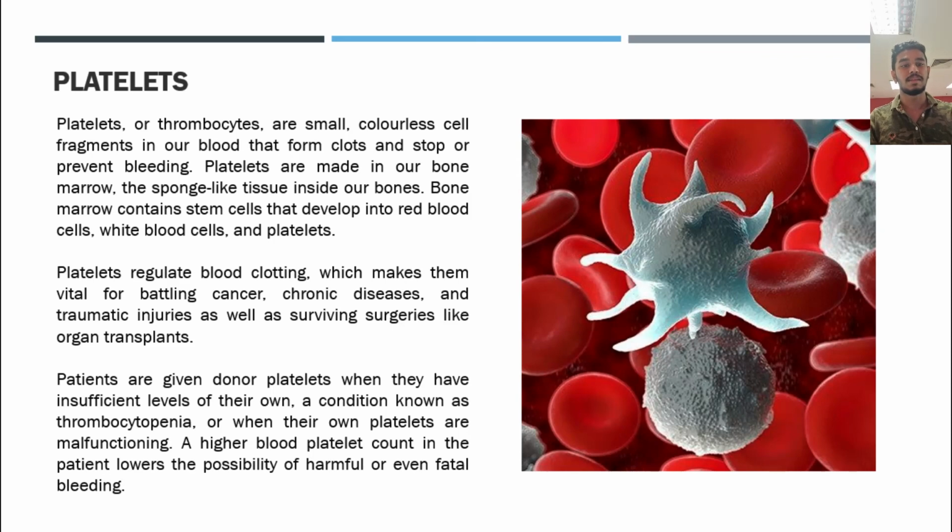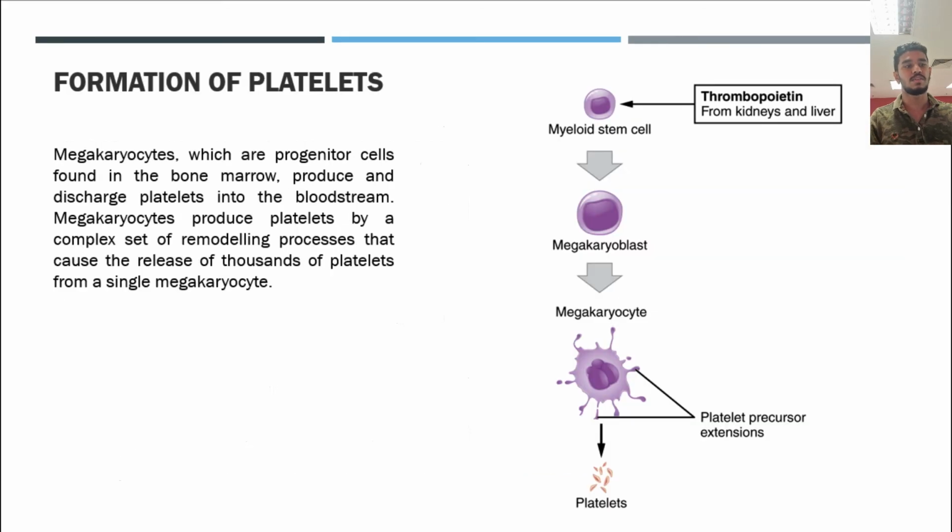A higher blood platelet count in the patient lowers the possibility of harmful or even fatal bleeding, because more platelets allow faster blood clotting, which means less bleeding. The formation of platelets is called thrombopoiesis, the same concept as erythropoiesis and leukopoiesis.